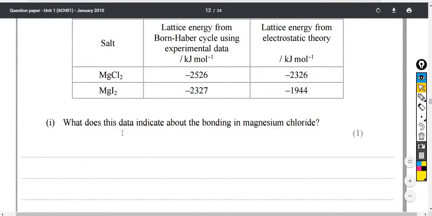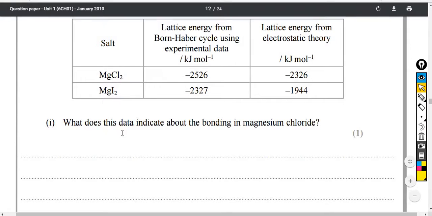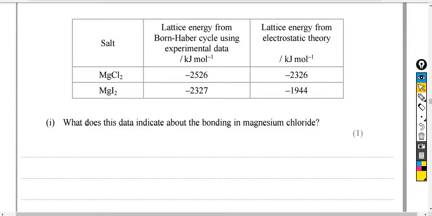For this question you can write something like this. Even though magnesium chloride has a very high percentage of ionic character in its bonds, it's not 100%.